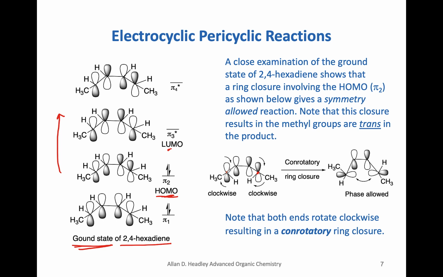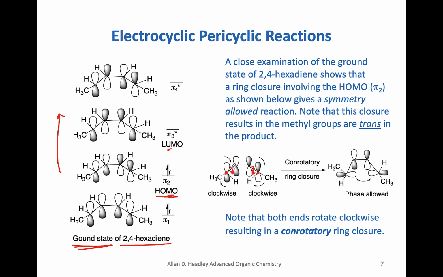To form a new bond between this carbon and this carbon means that we'll have to rotate this entire bond right here. Let's see if we can do that, so that this comes in here, and in that case we'll have to rotate this bond over here.